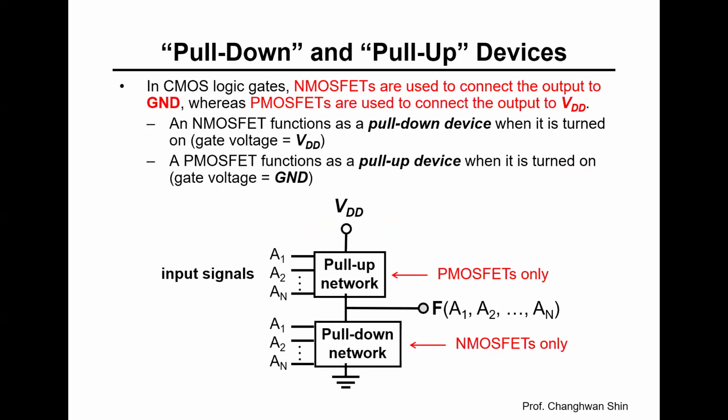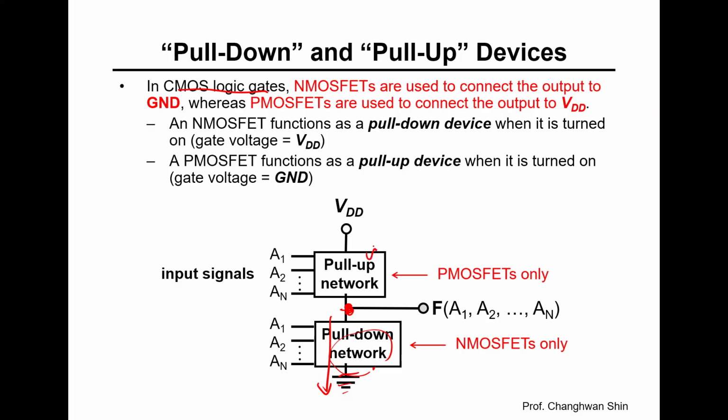All right, now let's take a look at the pull-down and pull-up devices. In CMOS logic gates, N-channel and P-channel MOSFETs serve distinct and complementary roles. N-channel MOSFETs connect the output node here to ground, acting as pull-down devices when they are turned on.